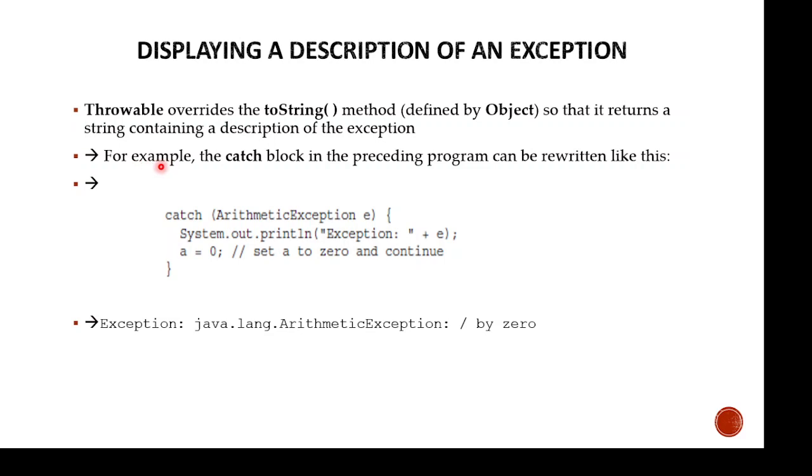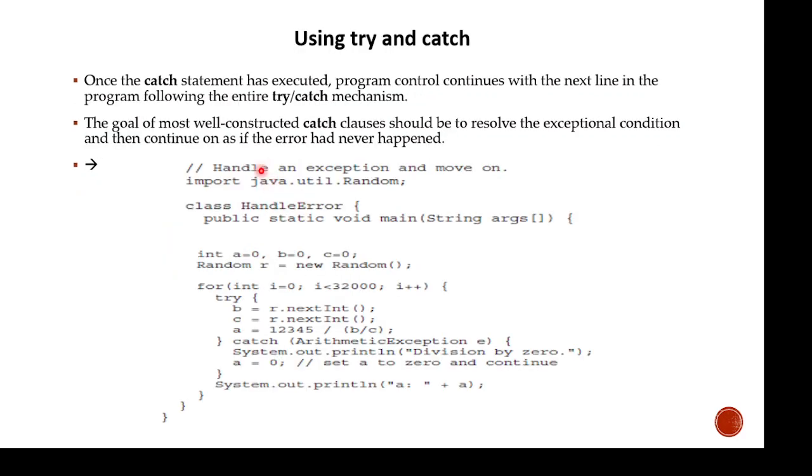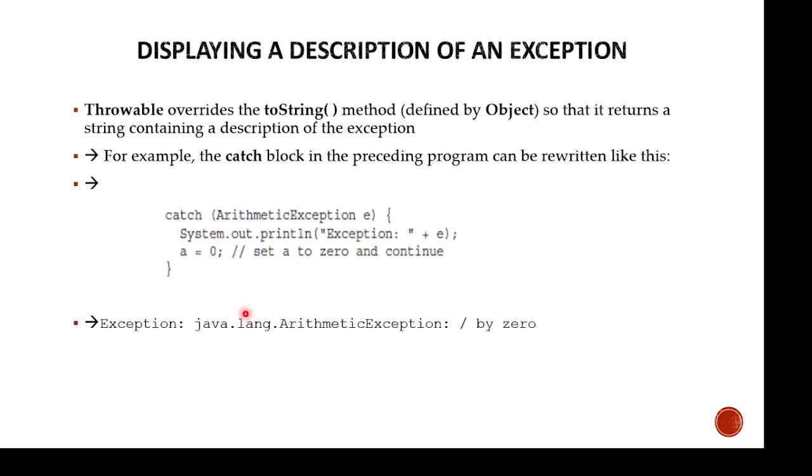Okay. So to understand in much more detail, we'll see an example. Here in this example, the catch block we wrote in the previous class has been rewritten here. If you go through the program, you can see the catch statement is catching an arithmetic exception, and after catching it, we print that arithmetic exception with the help of the println line.